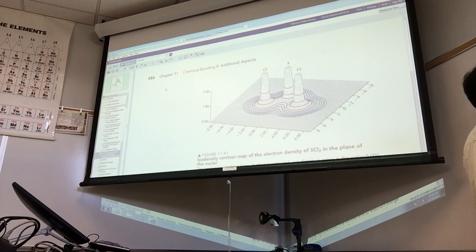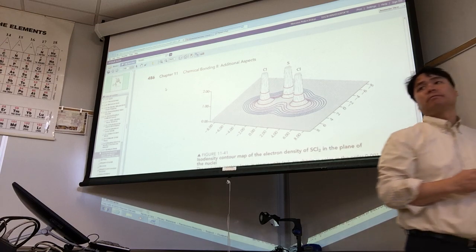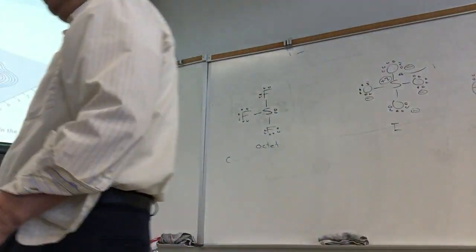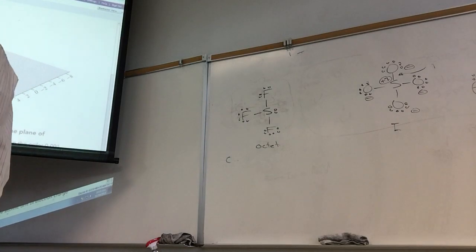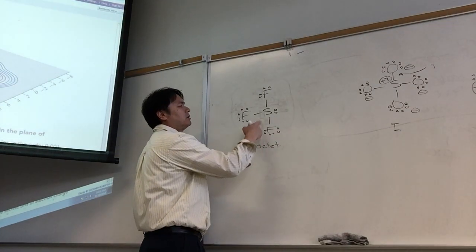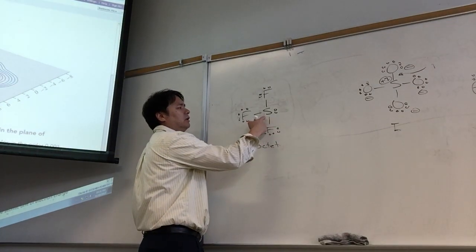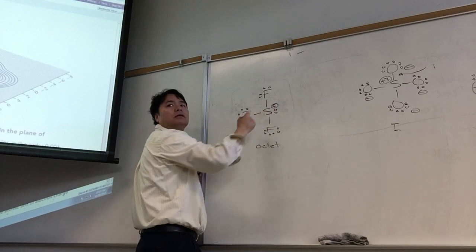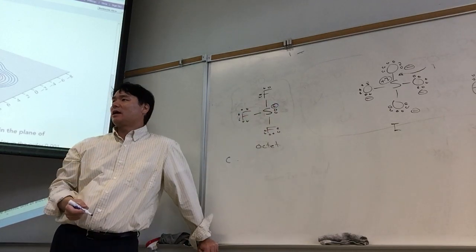And so this is an octet. Now, if there's no d orbital participation, then that's all we have. We can't bond anything else. And so if we look at the electrons and the formal charge, this would be actually 1, 2, 3, 4, 5. This would be an ion, right? That would be a cation.